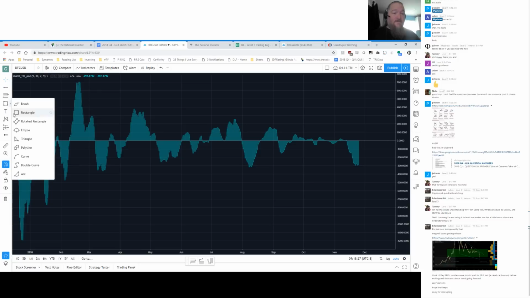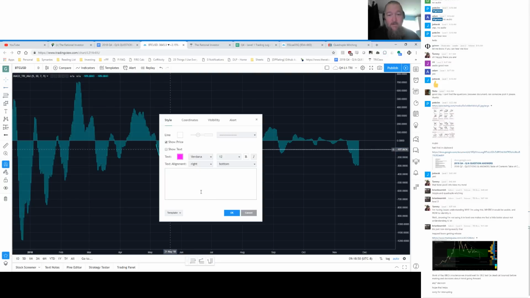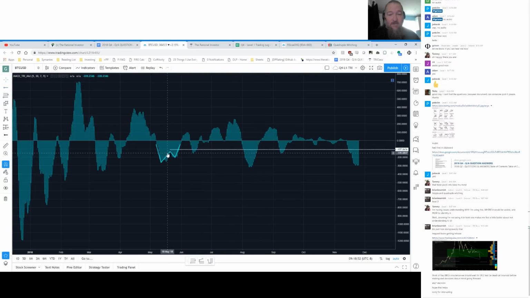If I can draw it, if my machine will let me. This is a W. It does not cross the zero line. Okay? But it is a W. Whether that W confirms depends on when it crosses this level here.